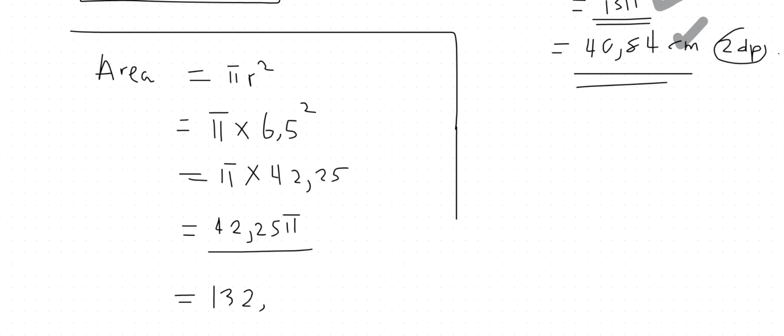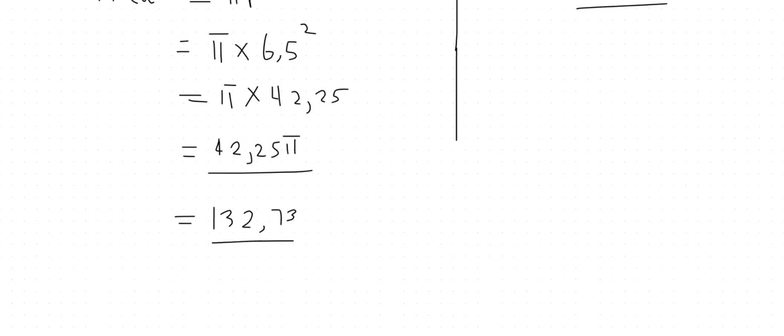So this is the answer to 2 decimal places. So I have two answers: the first is when the question asks you to leave your answer in terms of pi, and the second is when it asks for 2 decimal places.